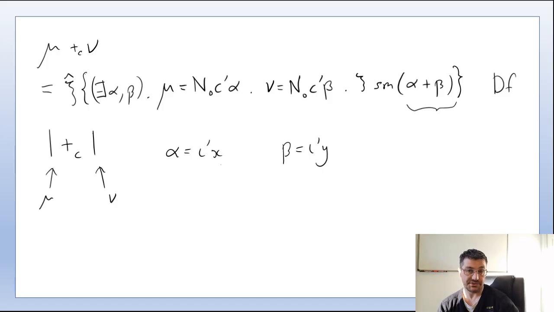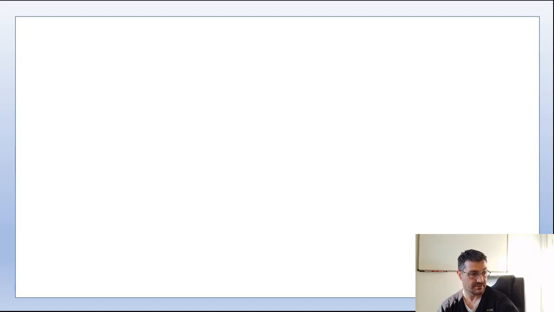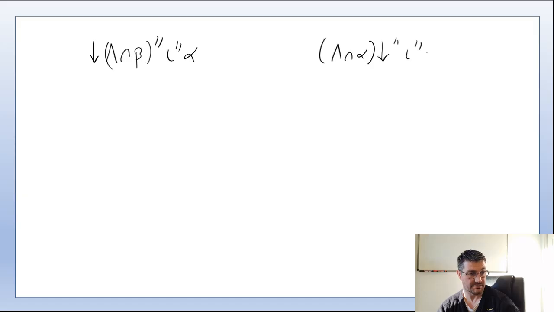Because we're going to get these two classes. I'll go on to another page. So we're going to get down arrow beta double primed iota alpha whatever on the one hand, and lambda alpha down arrow double primed iota double primed beta.